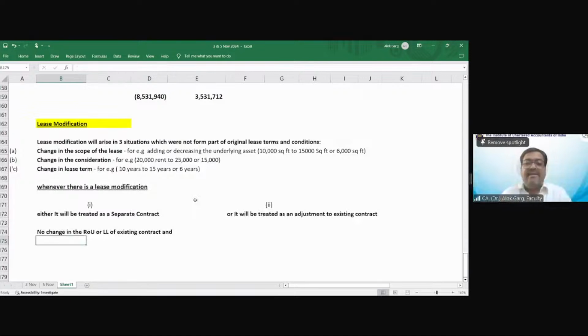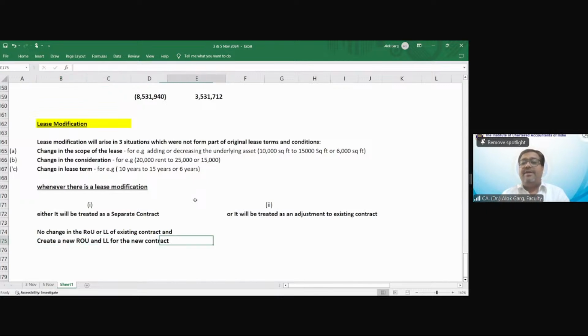Why? And create a new ROU and lease liability for the new terms, for the new contract.